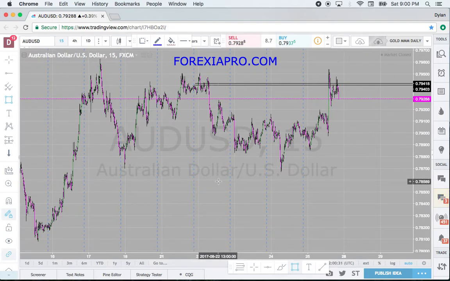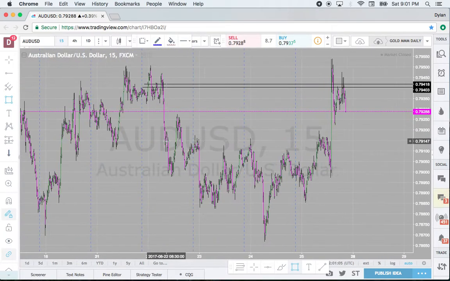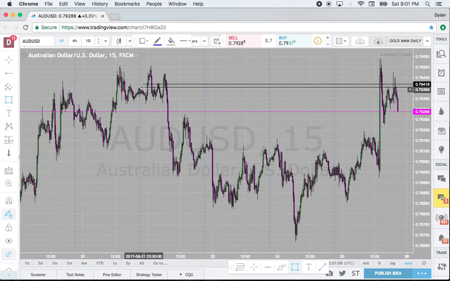So even though we set it up on a 30-minute time frame, the Expert Advisor itself will be analyzing the structure of the 15-minute time frame. We set the AUD/USD up on the 30-minute time frame, but like I said, the structure will be analyzed on the 15-minute time frame.